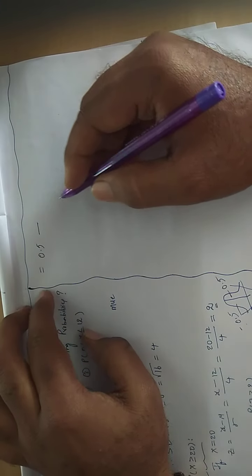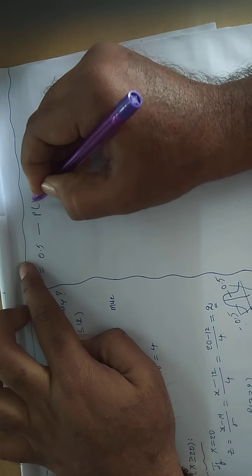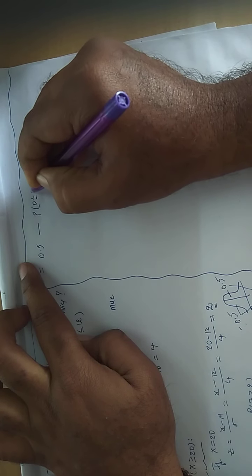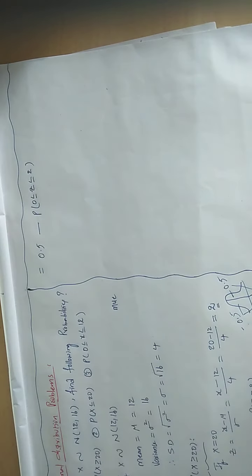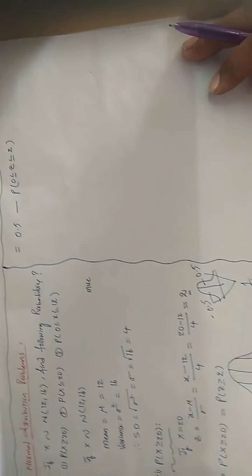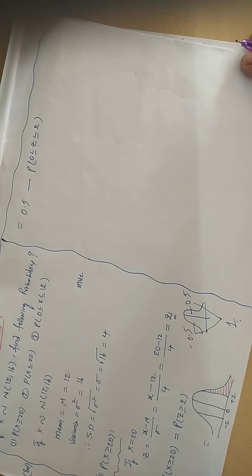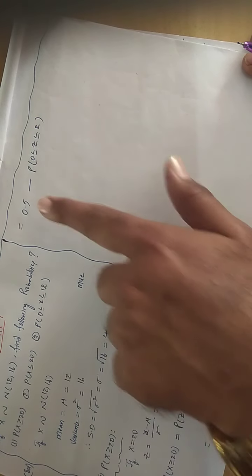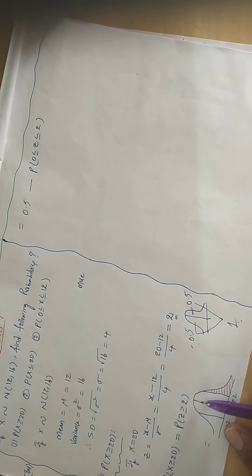So how to write? Probability of 0 less than or equal to z less than or equal to 2, because these are z values converted from x values. Understanding the logic is very, very important. This entire half minus this value I am going to subtract, then I am going to get the wanted portion. How to get that answer?